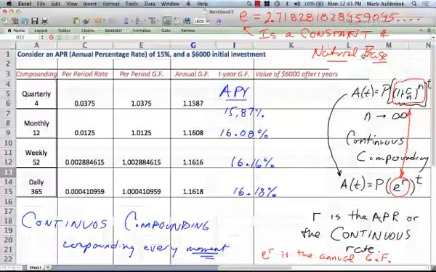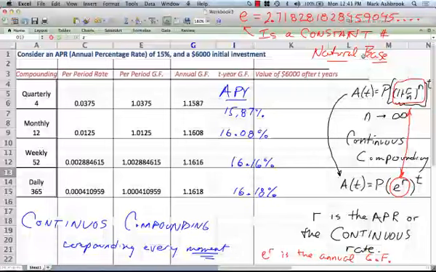Okay, so what I want you to find is the actual value. On your TI calculator, over on the left side, you go second ln. It'll give you e, and then a caret, so it's waiting for your exponent, right? Because e is normally raised to a power. So we want to find out what's the APY with continuous compounding. So we're going to do e to the what? And what is our r? 0.15. You're going to do e to the 0.15.